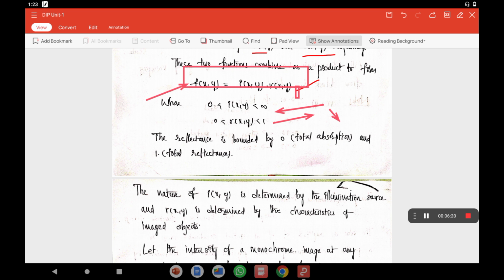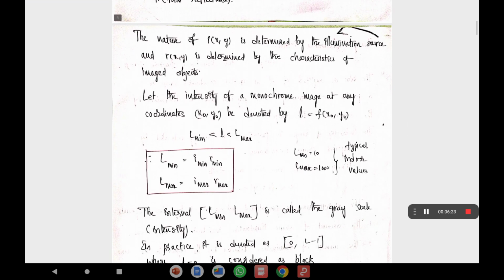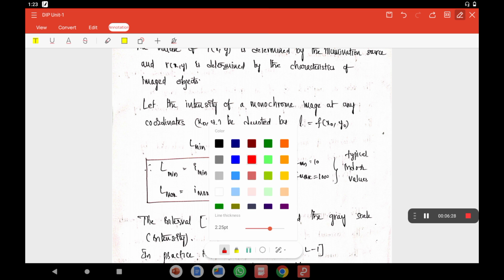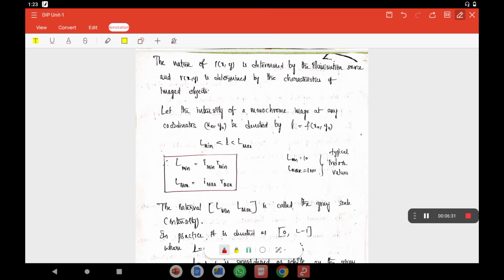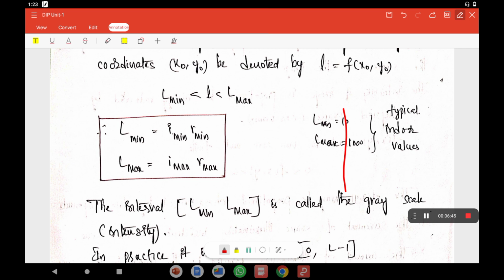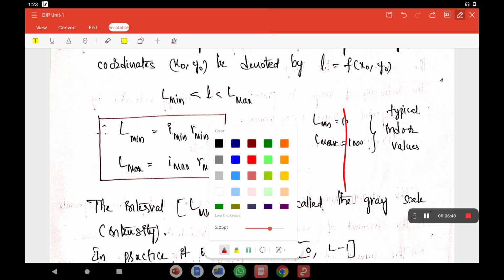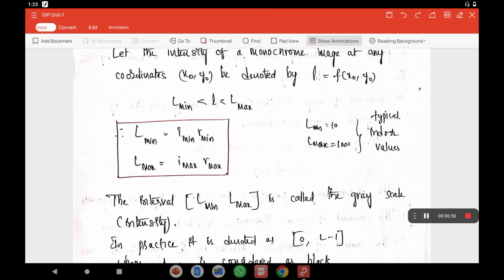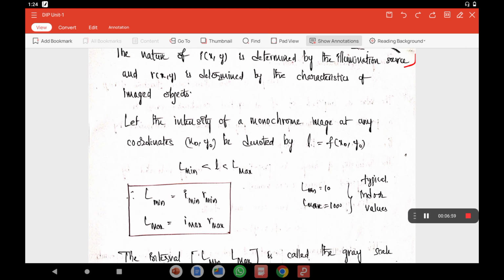Here, the value of f of x comma y is determined by the illumination source, and R of x comma y is determined by the characteristics of the image components. So that is important.